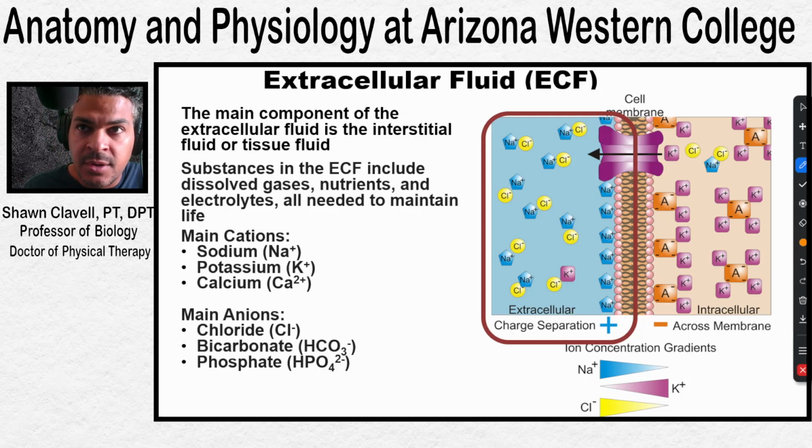As you can see here, there's a high concentration of sodium on the outside of the cell, in the extracellular space. There's a high concentration of potassium inside the cell. And then you can see here these negatively charged aminos that increase the negative charge close to the cell.